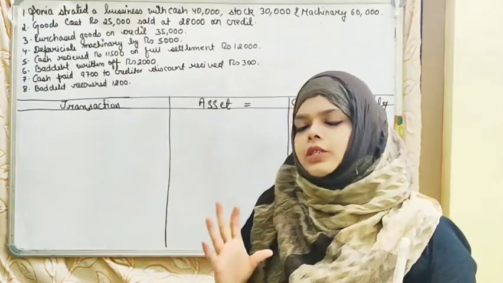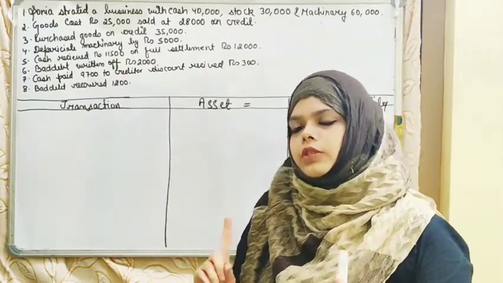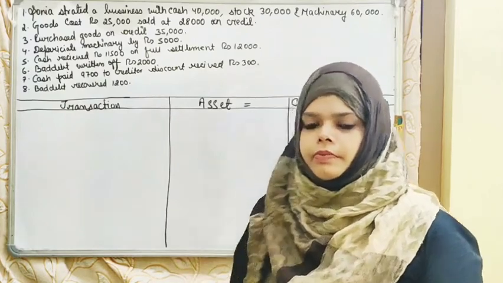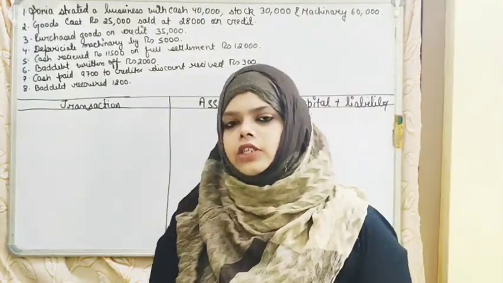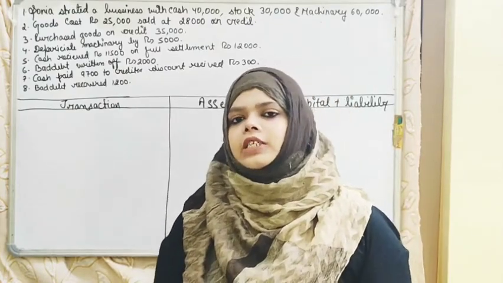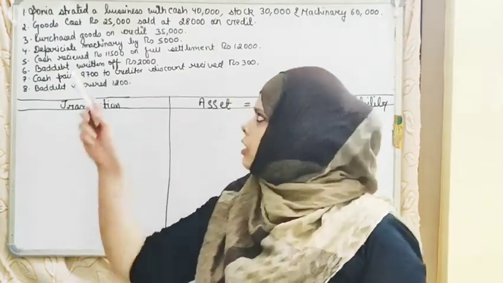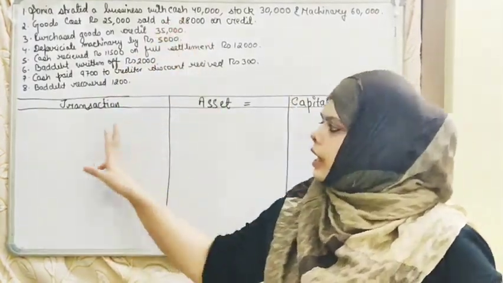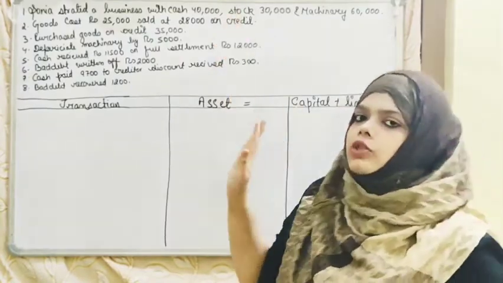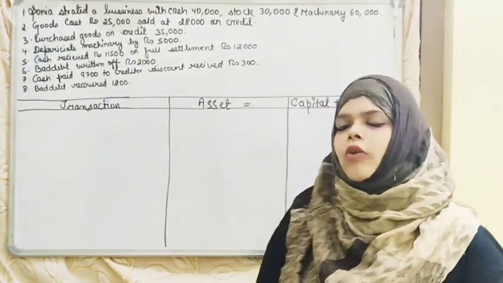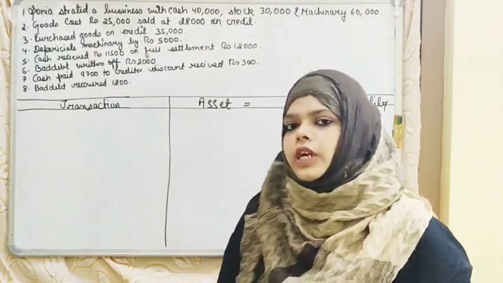We already solved one problem with two different parts, cash balance as well as bank balance. But here it is different, and we all know that cash is a current asset, stock is also a current asset, and machinery is a fixed asset. So how are we going to present this first transaction? Let us see.